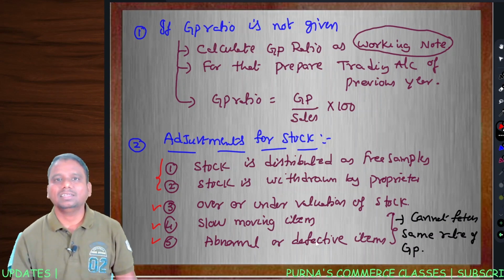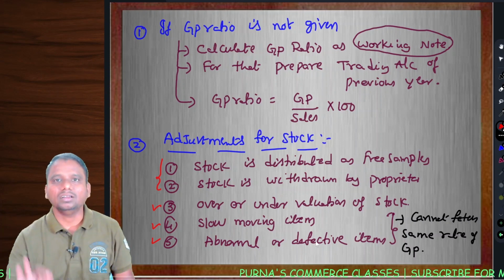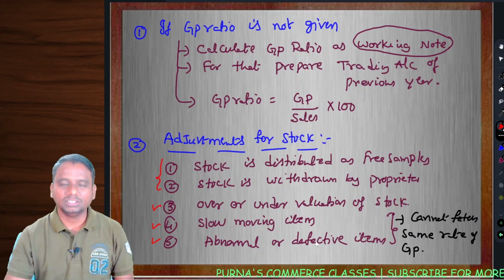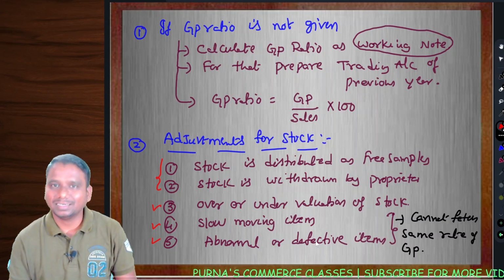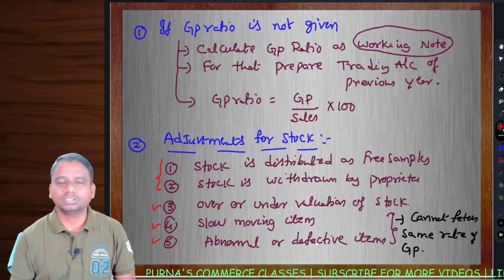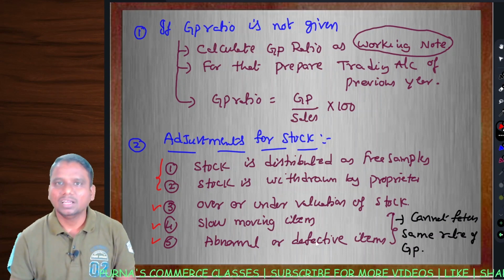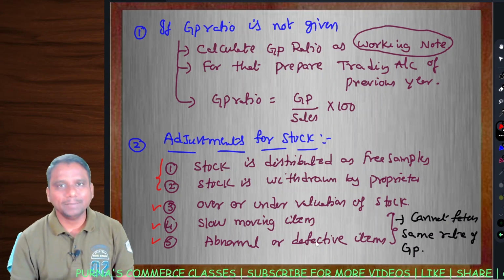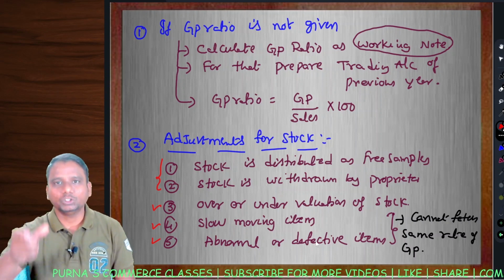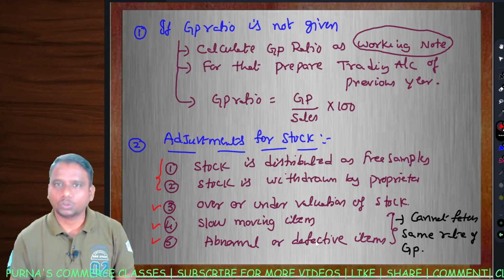So in this situation, how do you solve the problem? This is nothing but our insurance claims for loss of stock. This is the concept of insurance claims for loss of stock. So stock is lost due to fire. We should request the insurance company by preparing an insurance claim form. To prepare the insurance claim form, you should know how much stock was destroyed.